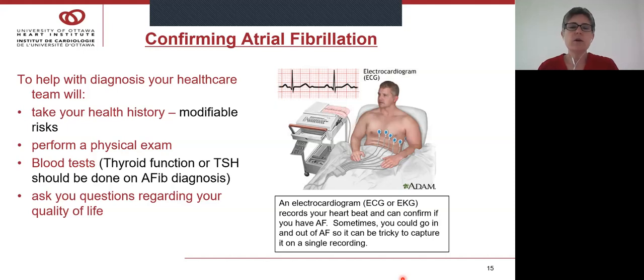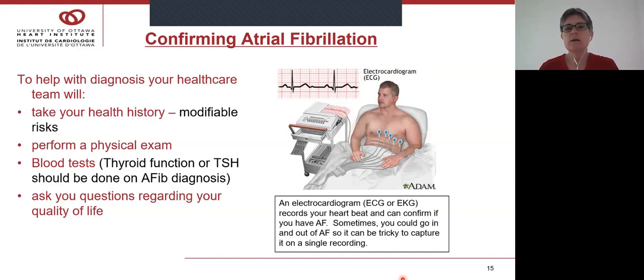But when you do have that diagnosis and you come see a physician, we'll do a health history, we'll look at those modifiable risk factors for atrial fibrillation, and we'll make sure you've had a TSH done, and we'll ask you questions about your quality of life with atrial fibrillation.